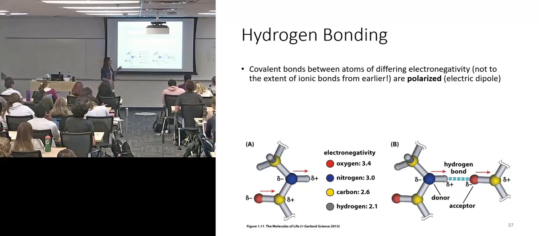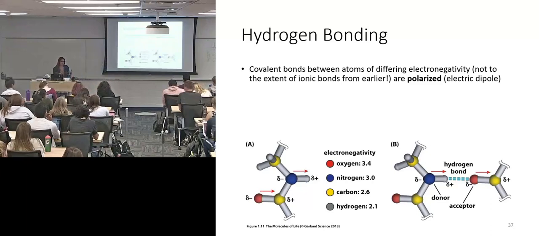I'm not saying hydrogen bonds are covalent bonds. Here's a covalent bond between a carbon and a nitrogen. Here is a covalent bond between your nitrogen and your hydrogen, carbon and nitrogen, carbon and oxygen. So these covalent bonds are going to be polarized. They have some sort of electric dipole because the two atoms participating in the bond have different electronegativities.